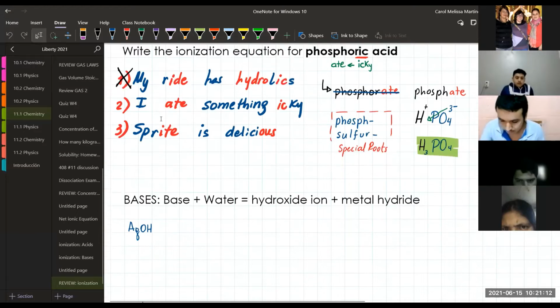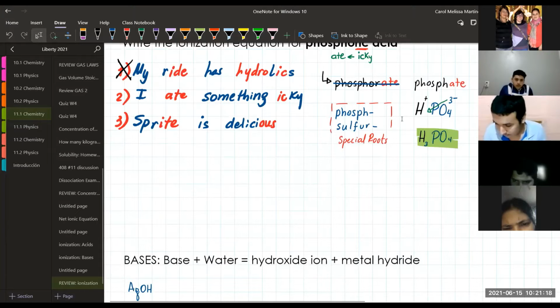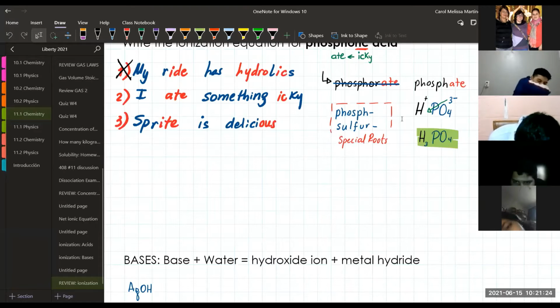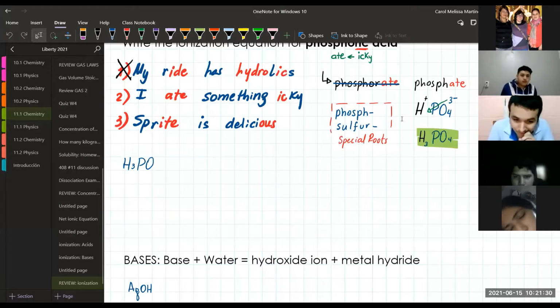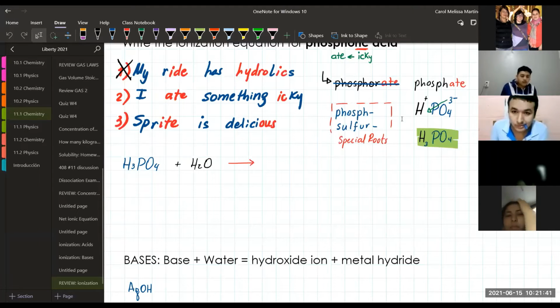Once you have the phosphoric acid, you do the ionization of it. So you say H3PO4, because it is ionization, you will combine it with water. As a result, you're going to get mandatorily hydronium ion, which is H3O plus, and the other product is going to be what?